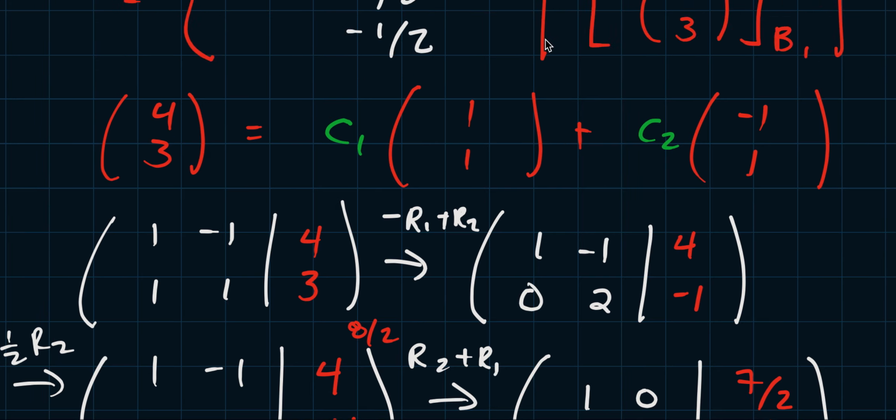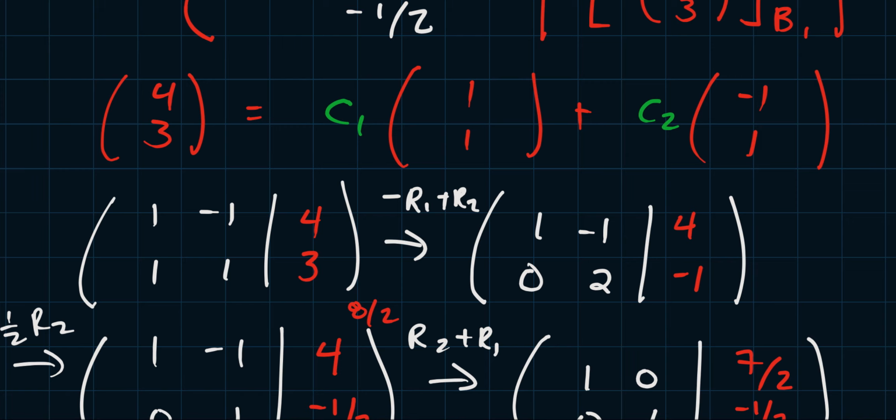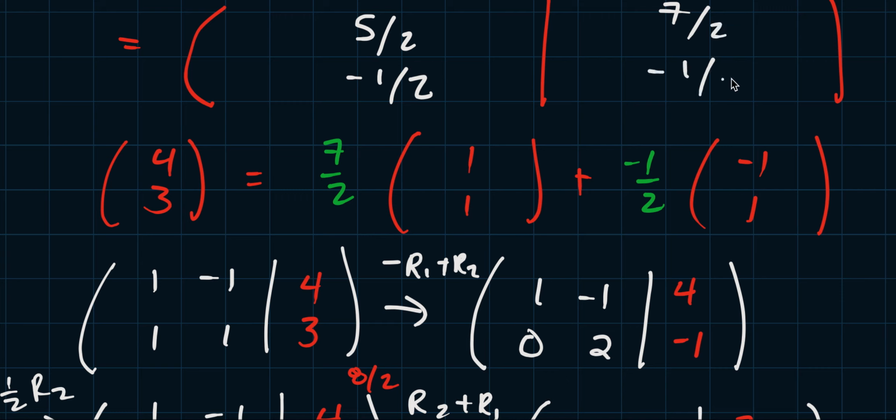Okay, so let's erase this and put those answers in. 7 over 2, negative 1/2. This should be 7 over 2, negative 1/2. Let's see, 7 halves plus 1/2, 8 halves, 4. 7 halves minus half, 6 halves, which is 3.